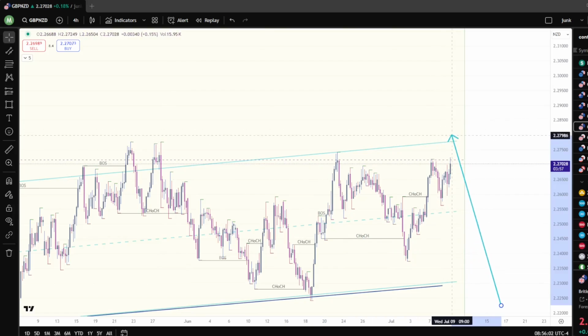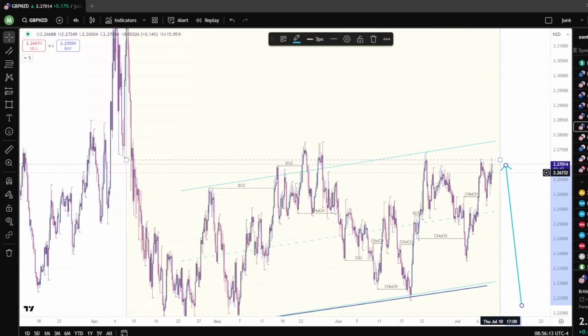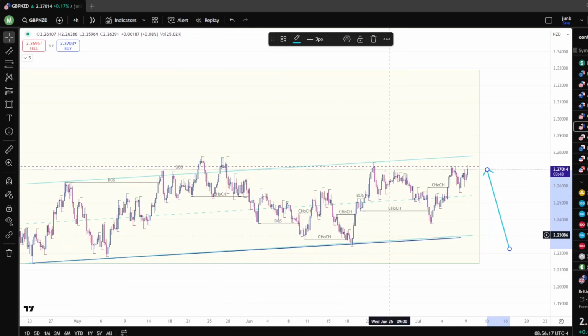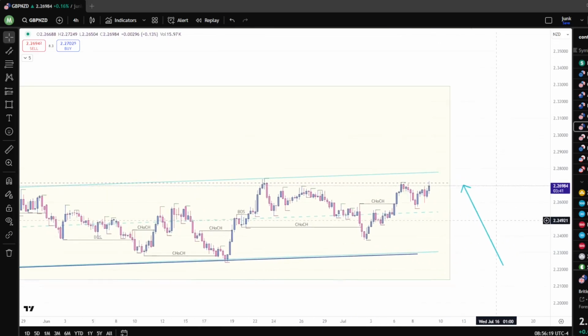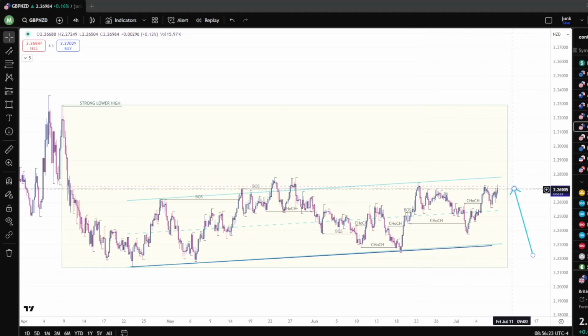Then even if it does go back into premium, we'll be looking for a buying opportunity until I'm confirmed on the prices that it is going back down to target the highs of this overall range, because it's a very long range, not technically a 4-hour range. It's happened over a few months, but when I look at the 4-hour chart, it's just the overall swing structure, and technically this is still just internal price action.